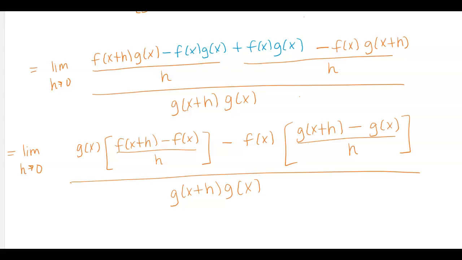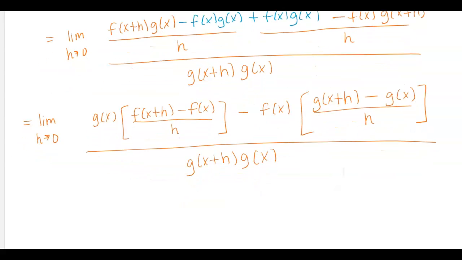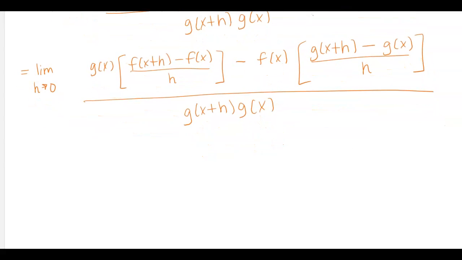All right, so I think we're ready now to take the limit and distribute it to all of the items that we have here, of which there are many. So I'll take the limit of g of x, and then that's multiplied by the limit of f of x plus h minus f of x over h.